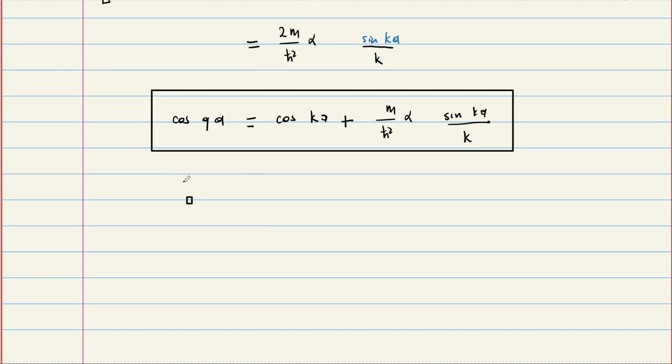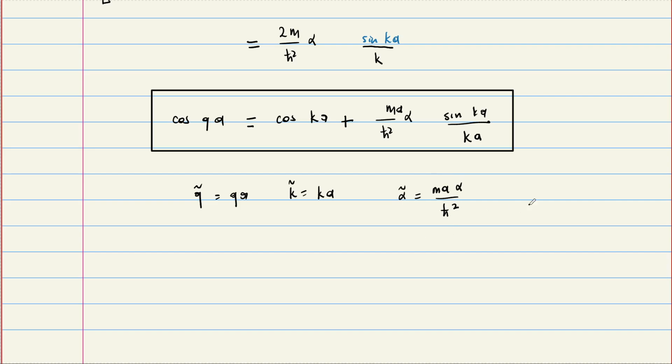Let's define Q tilde equal to Qa, K tilde equal to Ka, and alpha tilde equal to m A alpha over h bar squared.